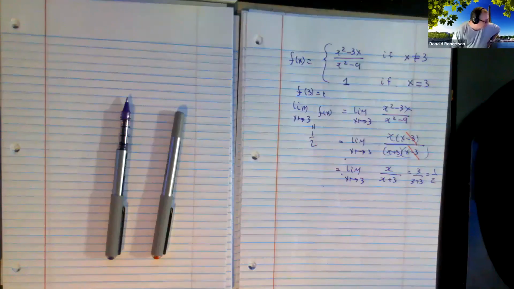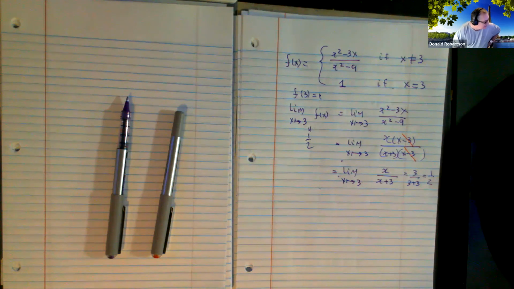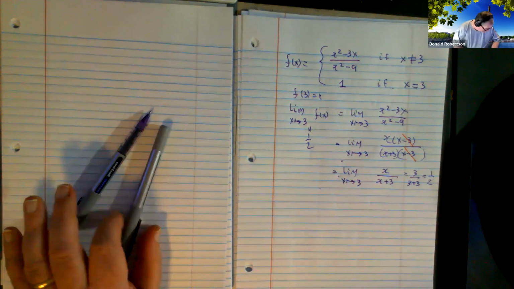Right. So we are continuing with our continuity questions. I lost my window because I closed it by mistake. But we're getting pretty close to the end. So again, I'm going to do a piecewise function. And I'm not going to be able to use Desmos this time because it's going to be a really messy piecewise function.